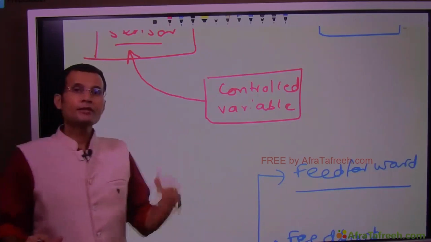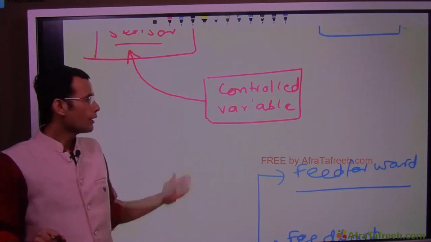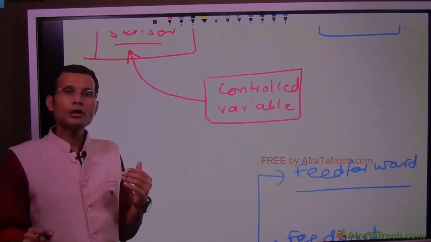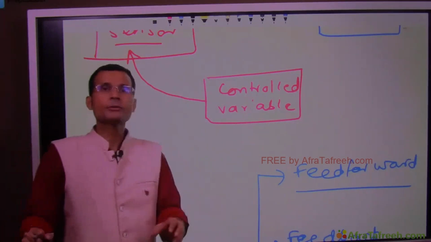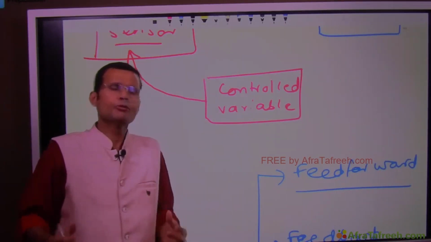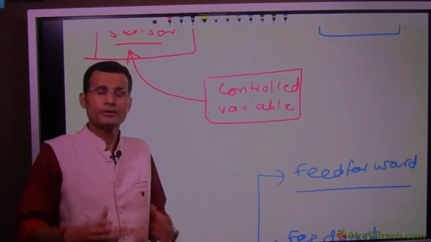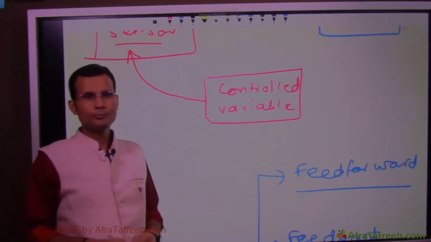Feedback is when the disturbance occurs and then the controller takes the action. Feed forward means the controller anticipates that a certain disturbance is likely to happen, and it takes the action even before that disturbance has actually happened. That's feed forward.